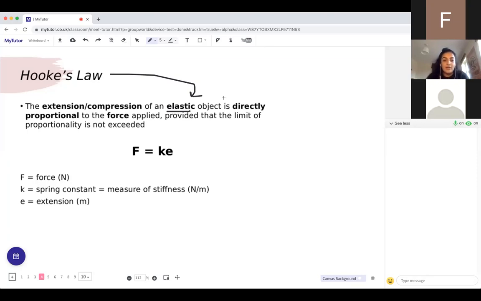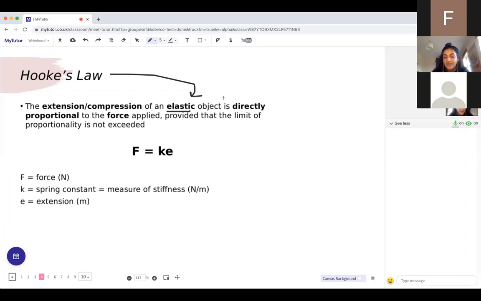So the extension is directly proportional to the force that we apply. But what does directly proportional mean? Directly proportional is when one thing changes, the other thing changes by the same amount. So if force was to double, extension would double. If force was to reduce by a factor of 3, extension would reduce by a factor of 3.